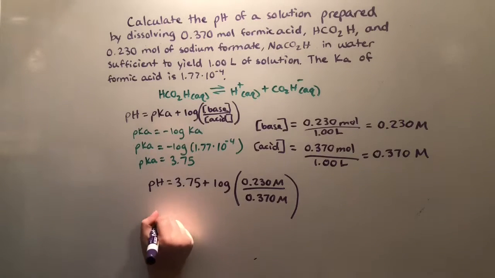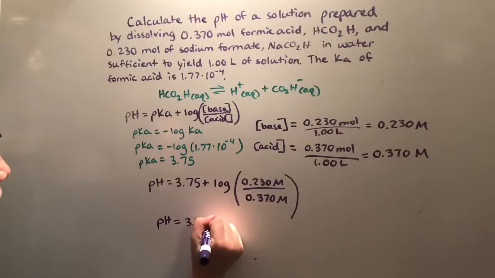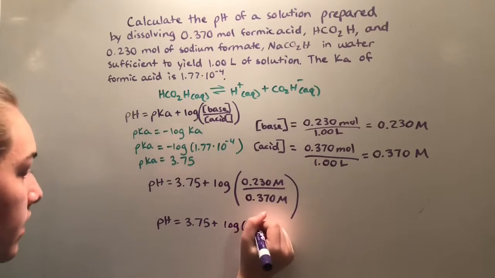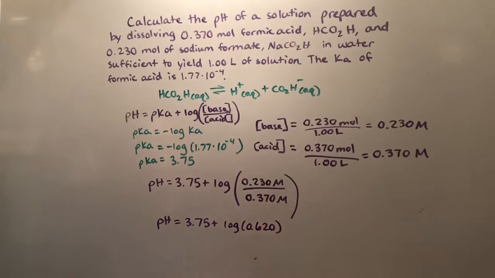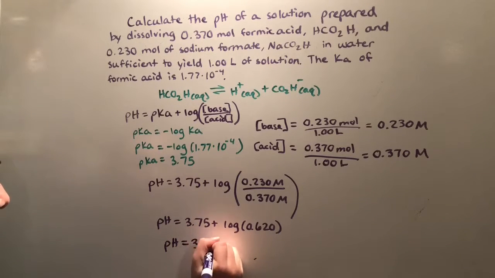Simplifying this, we get pH equals 3.75 plus the log of 0.620. Plugging this into our calculator, we're going to get our pH is equal to 3.55.